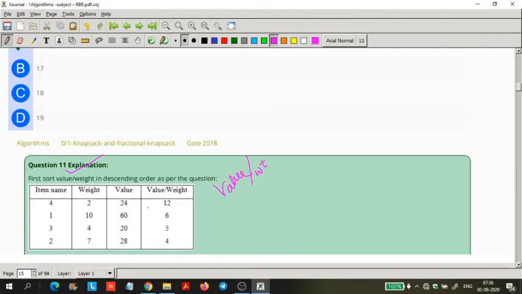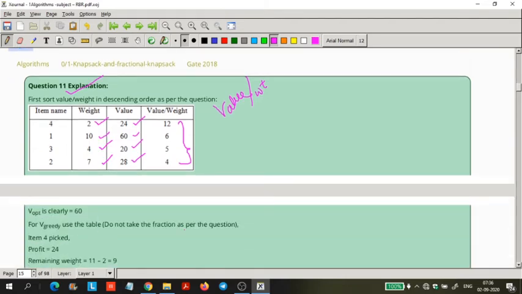The ratios are: 24 by 2, that is 12; 60 by 10, that is 6; 20 by 4, that is 5; 28 by 7, that is 4. So this is the descending order for this question.